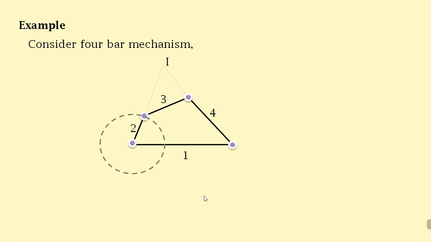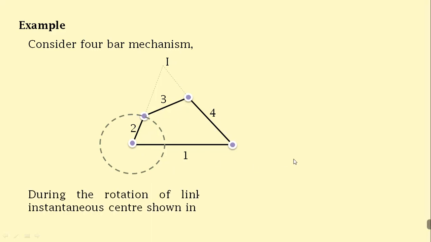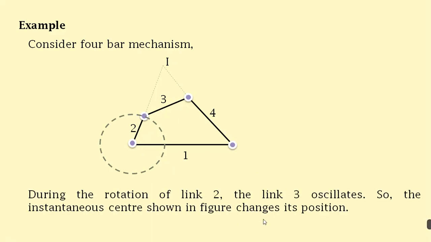The instantaneous center can be located like this; how we can locate the instantaneous center we'll discuss in the next slides. This is the instantaneous center which is going to vary during the transmission of relative motion between all the links. So, again, during the rotation of link 2, link 3 oscillates, so the instantaneous center shown in the figure changes its position.